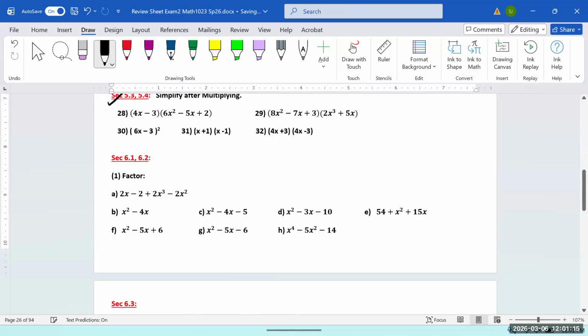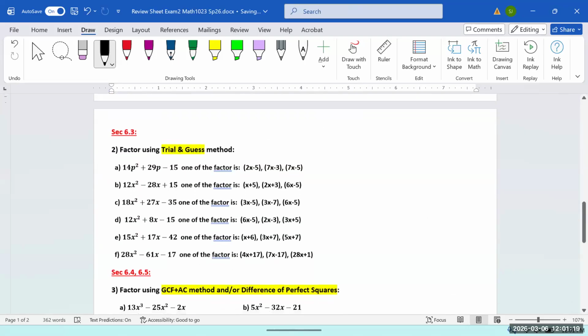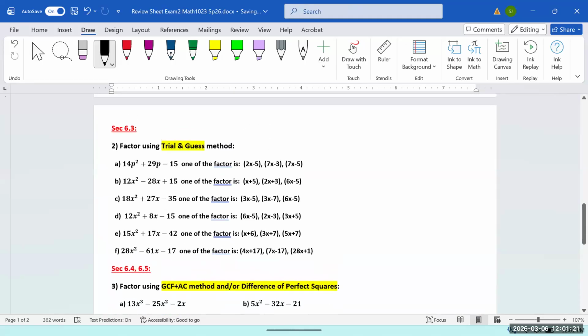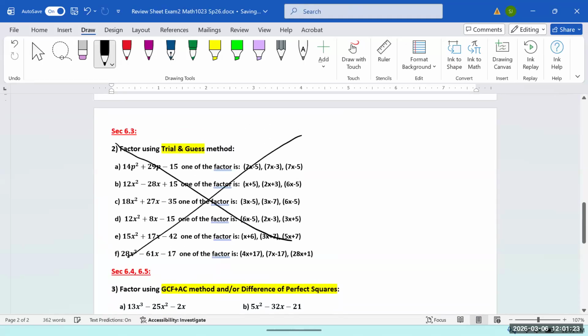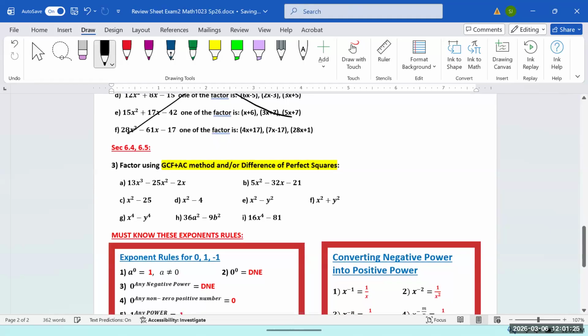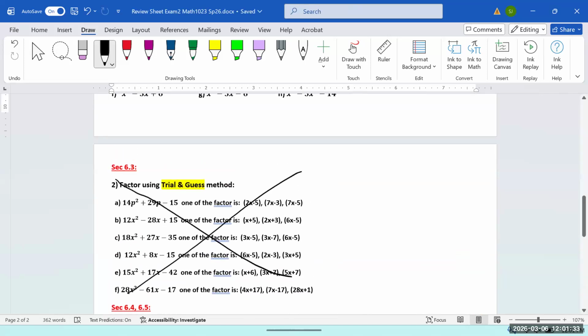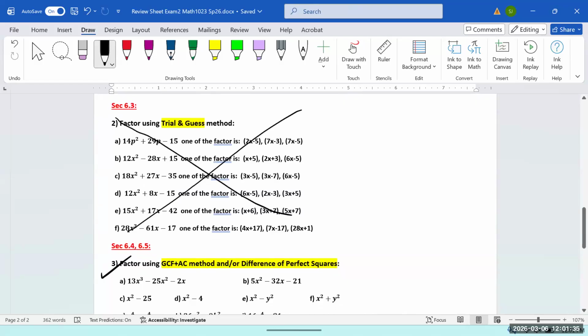We did direct factoring 6.1, 6.2. We did not do 6.3, so 6.3 will not be in this exam. But we did the AC method and difference of perfect squares. So everything from the review sheet will be in the exam except the trial and guess method 6.3. So you have your homework 6.1 to 6.5. You can just skip 6.3.